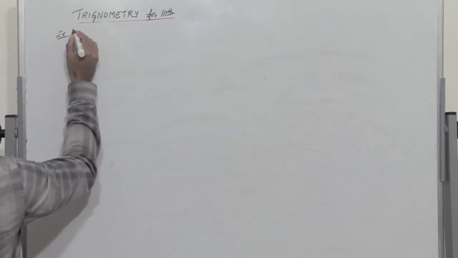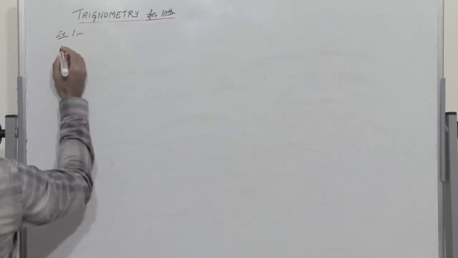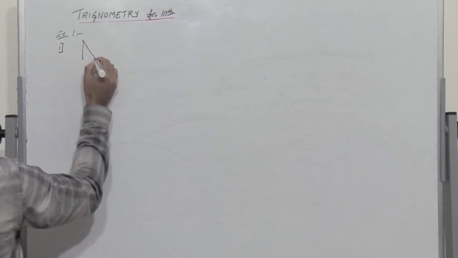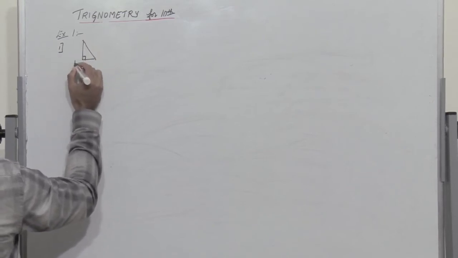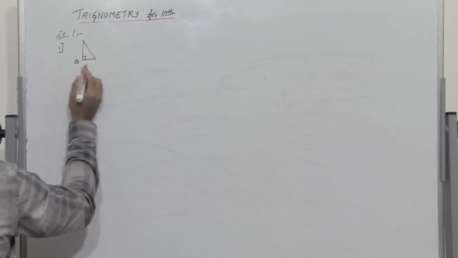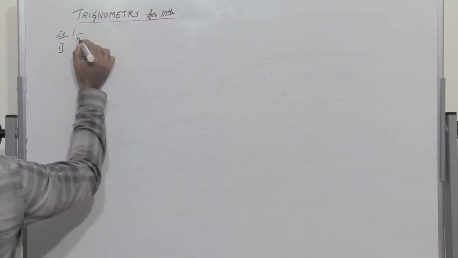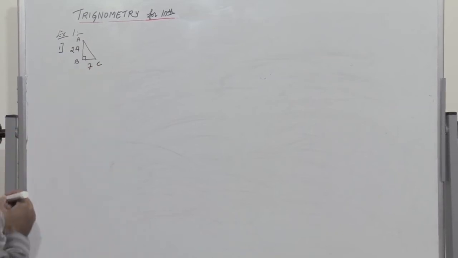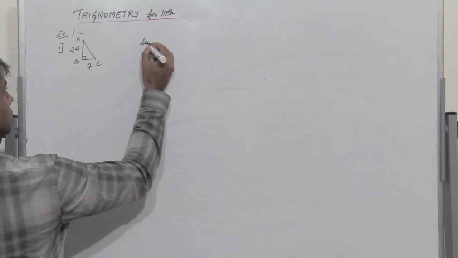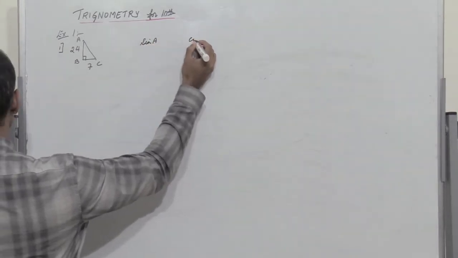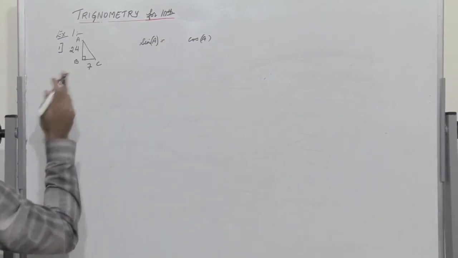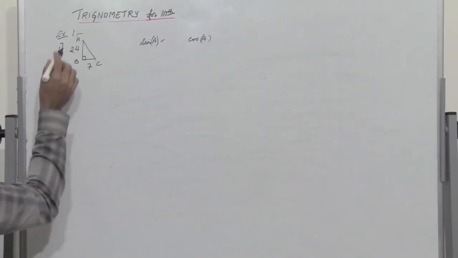Now, exercise 1, the first problem. There is a triangle ABC which is right angled at B, and we find that AB is 24 whereas BC is 7. Now we need to find sin A and cos A. This is a right angle triangle, so I need to find the hypotenuse.